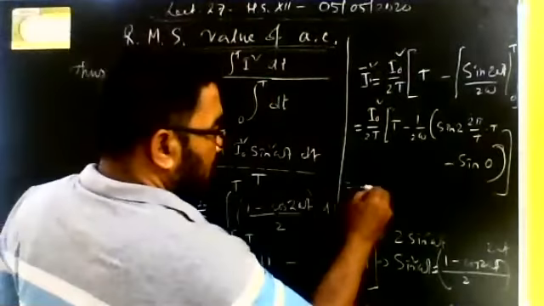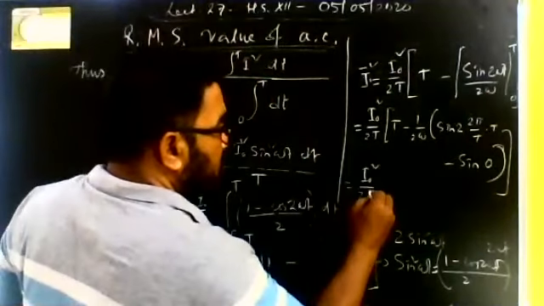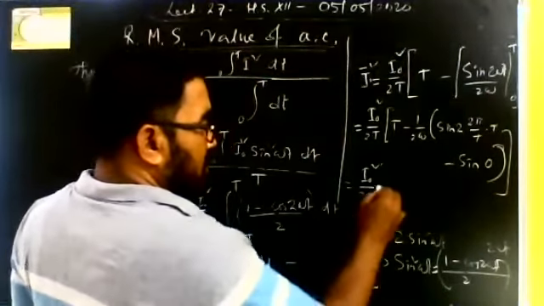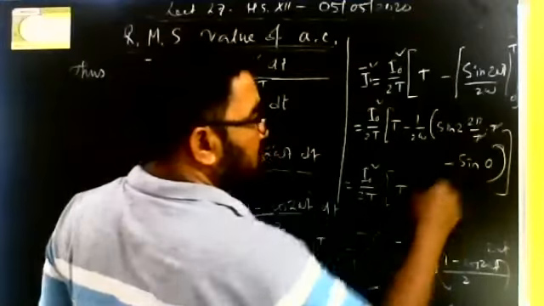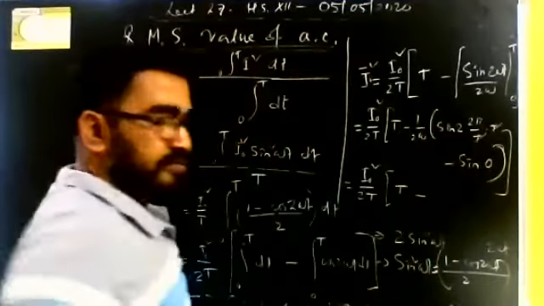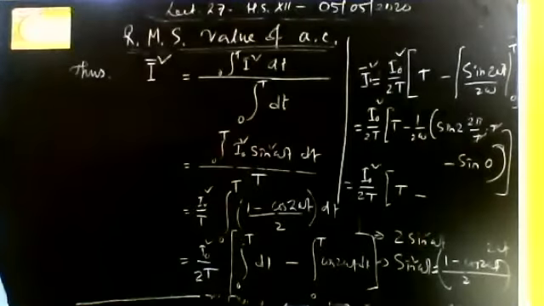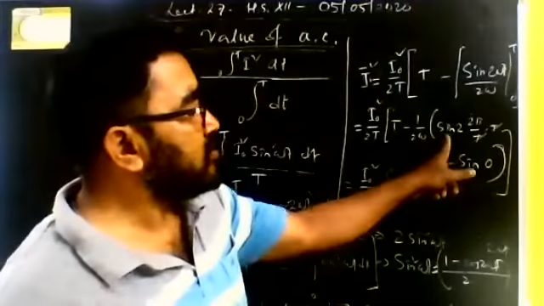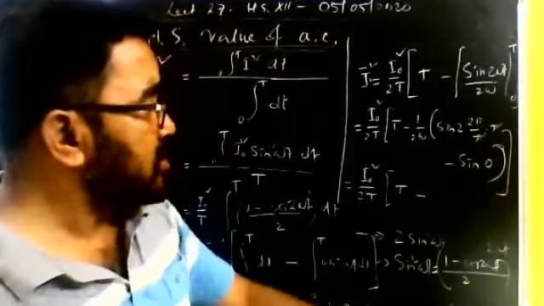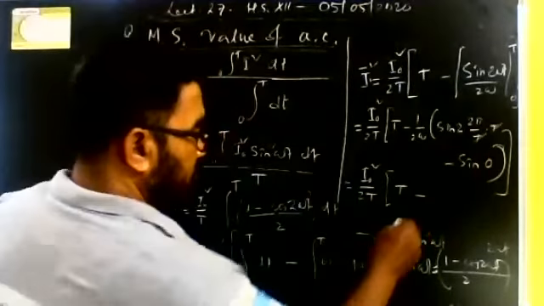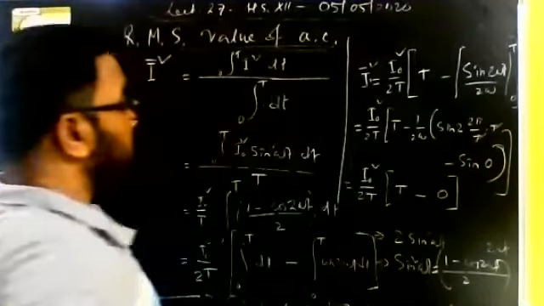So I naught square by twice capital T minus, because if you put T, it will be sine 4 pi. Sine 4 pi is equal to 0, and sine 0 degree is equal to 0. This whole quantity will be 0.